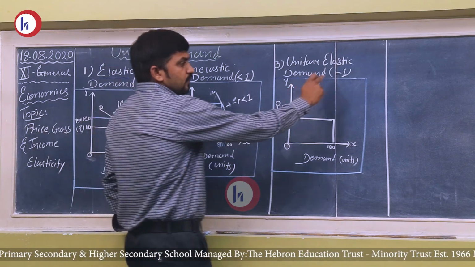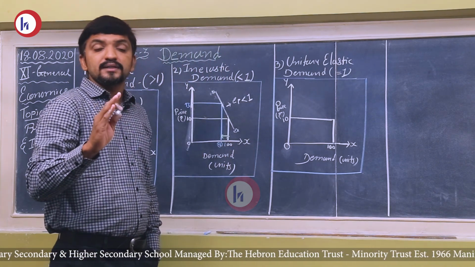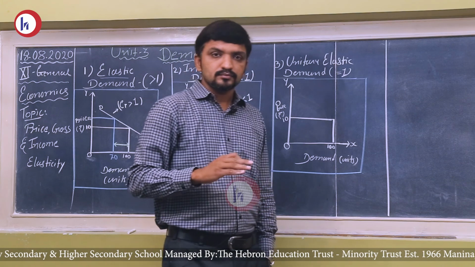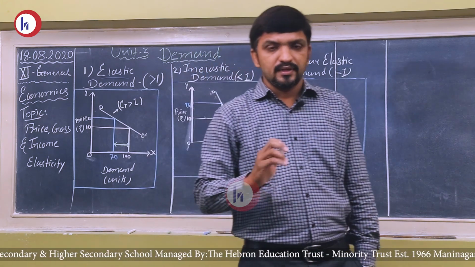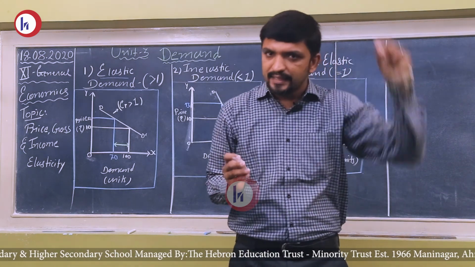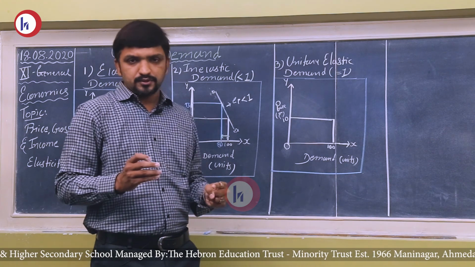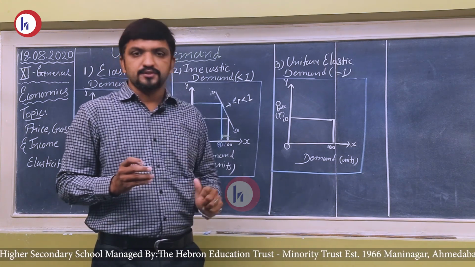Now, equals to 1, unitary elastic demand, means a product is price sensitive. Yesterday we discussed that the product is price sensitive. Whatever change is there in the price of the commodity, with the same percentage change, demand will change.